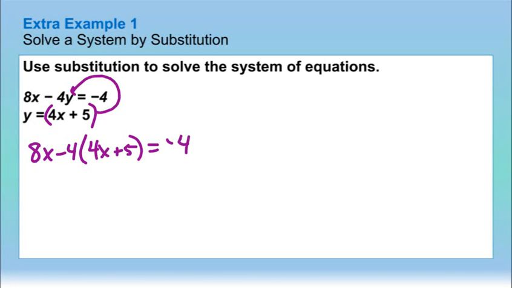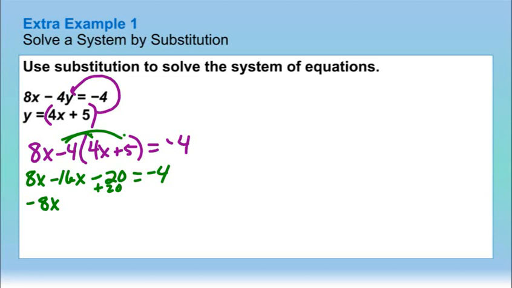To get rid of my parentheses, I'm going to distribute a negative 4, and I have 8x minus 16x minus 20 equals negative 4. Combine like terms, so this will give us negative 8x. I'm going to add 20 to both sides, and that's going to equal a positive 16. To get x by itself, I divide by negative 8, and I'm left with x equaling a negative 2.